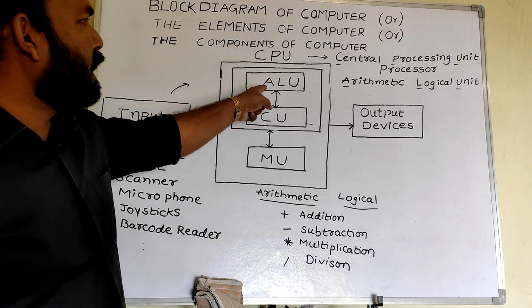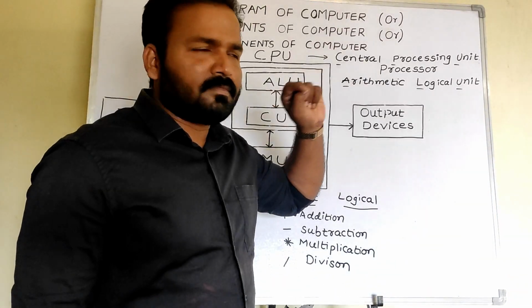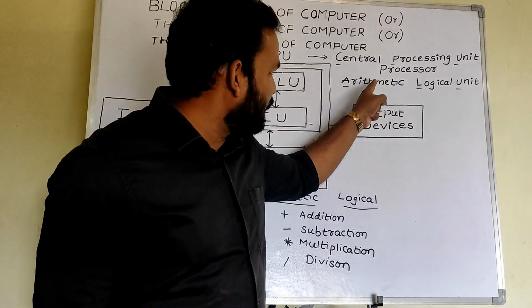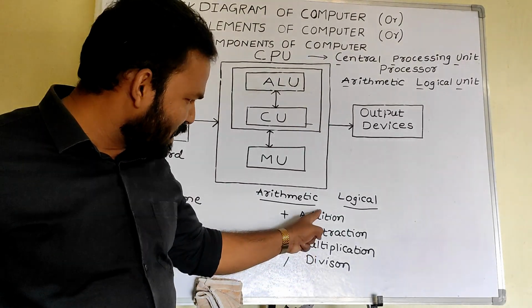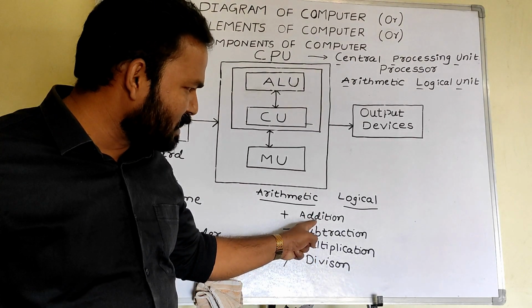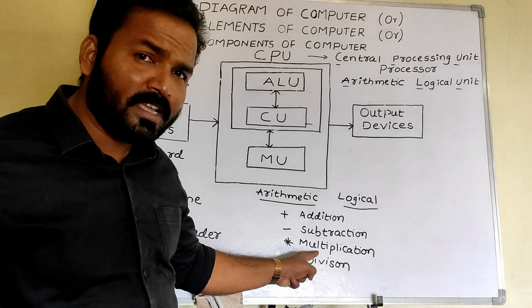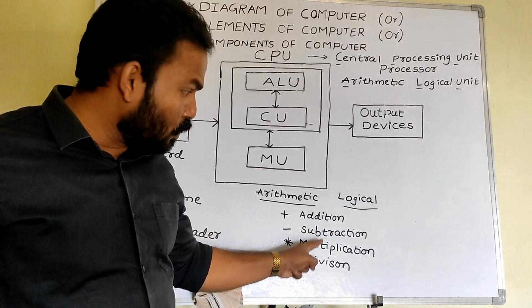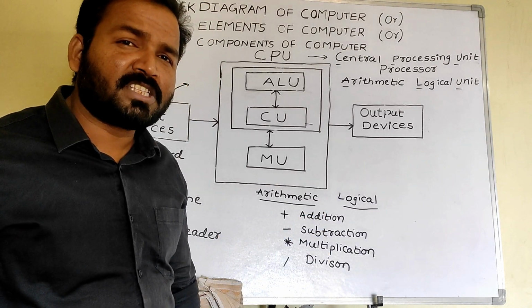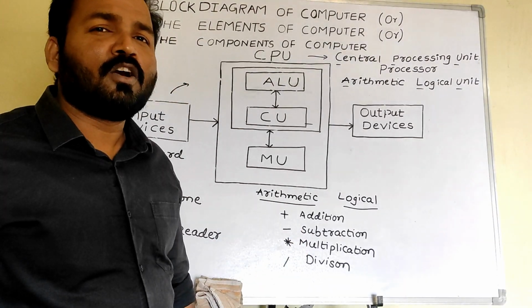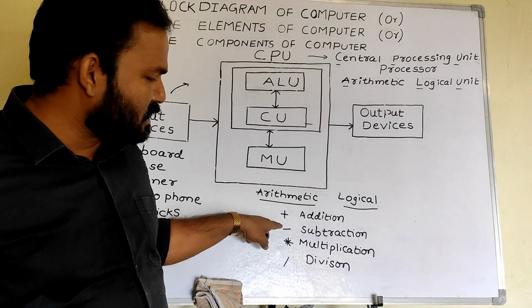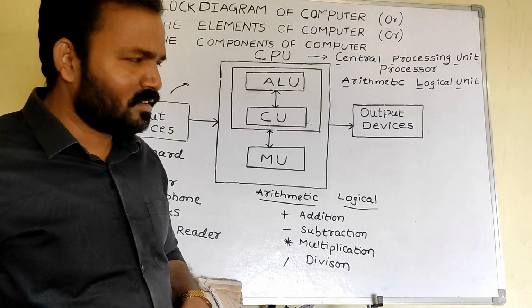Okay, ALU, arithmetic logical unit, it performs arithmetic operations: addition, subtraction, multiplication, division. To perform these, ALU uses these arithmetic operators. Okay, so plus, minus, all this, right?